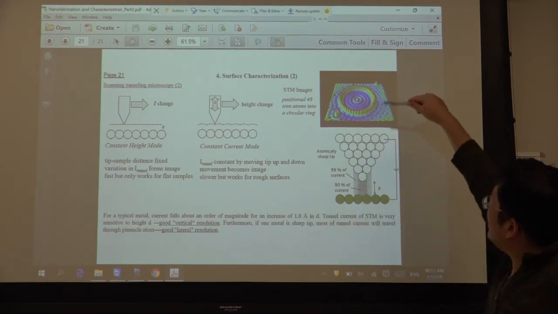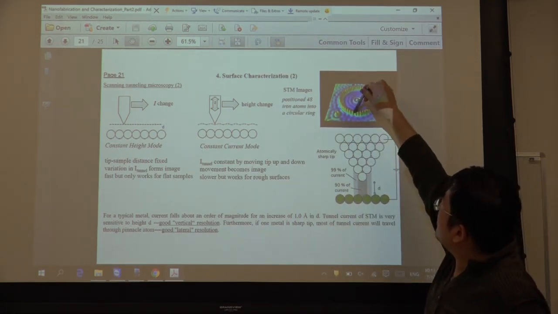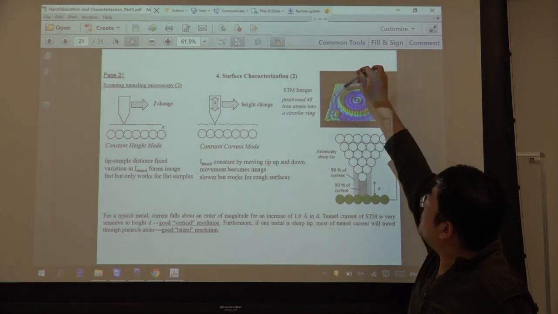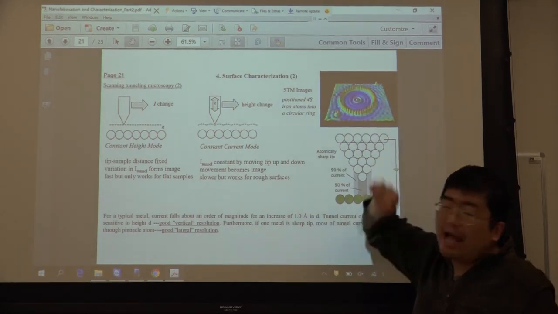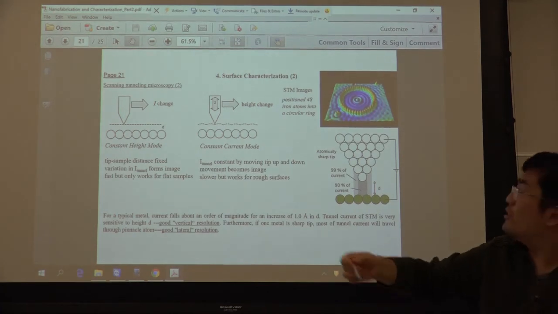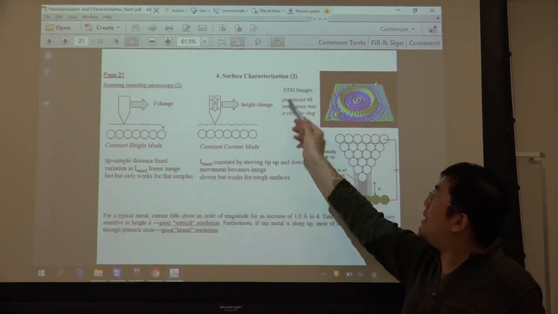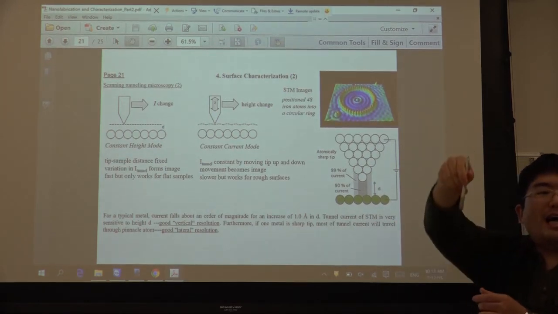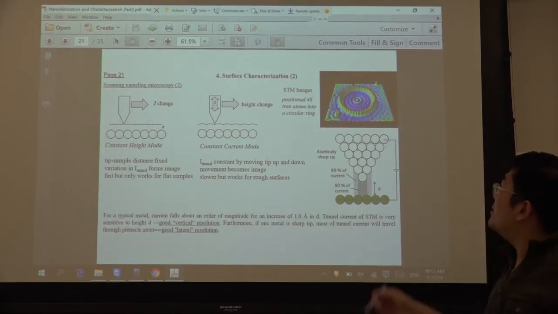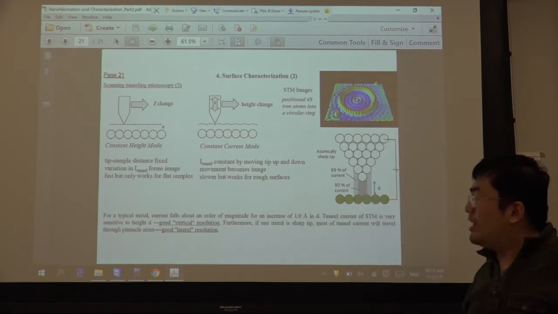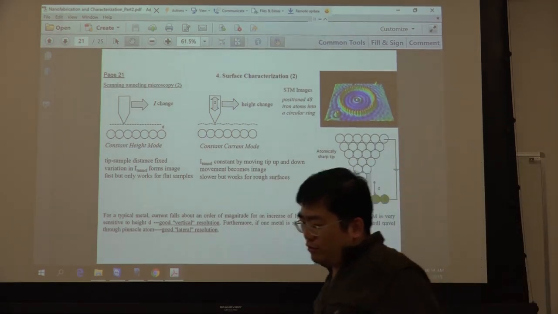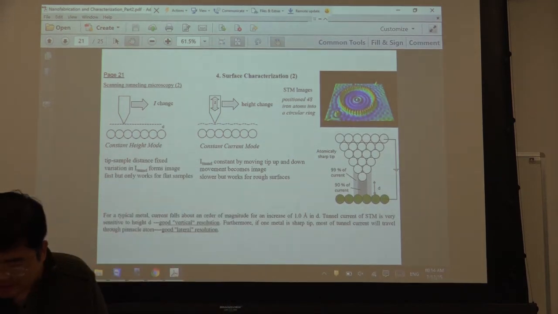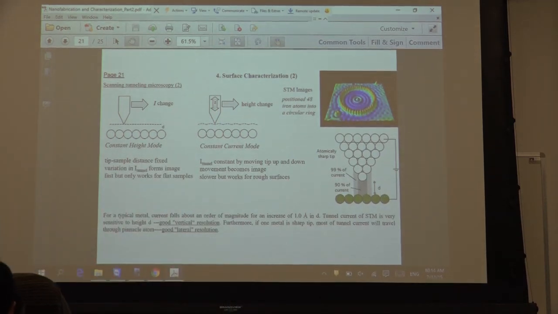From this picture you see a lot of very sharp peaks, so here there should be some atoms or electrons. These 48 iron atoms form a circular ring, and you see this picture because there are many electrons there. So this is very good for measuring the surface structure of your sample.